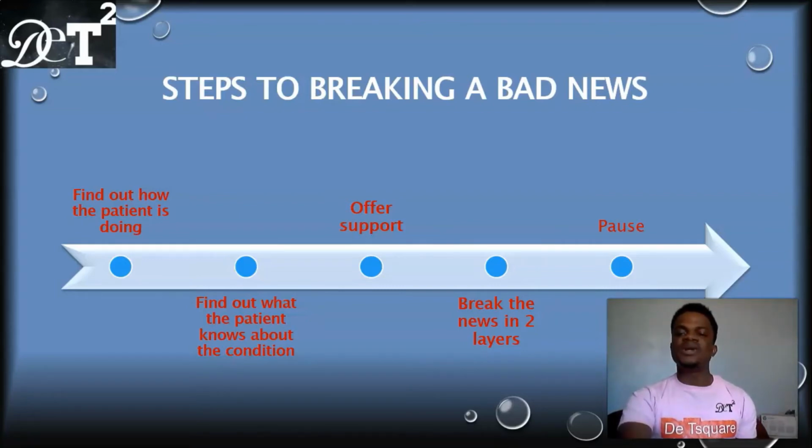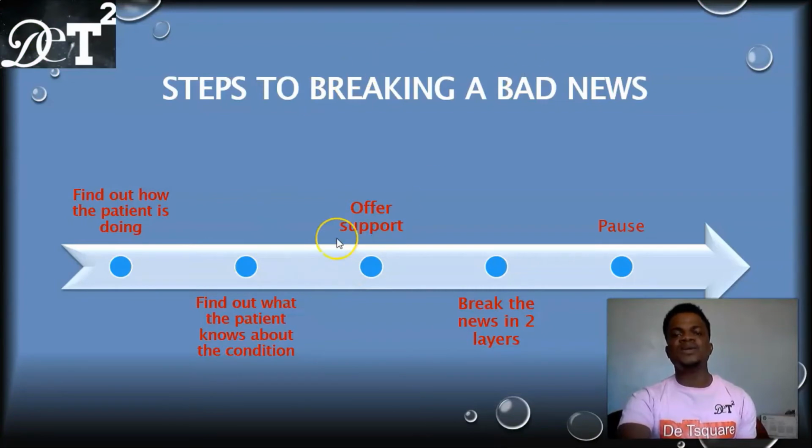You know, for somebody to have a stroke, this is a bad news. You're not just going to go straight and tell the patient's relative, your mother has been admitted and she has a stroke, just because the task says so. That will be shocking to the relative. That will make the relative uncomfortable.